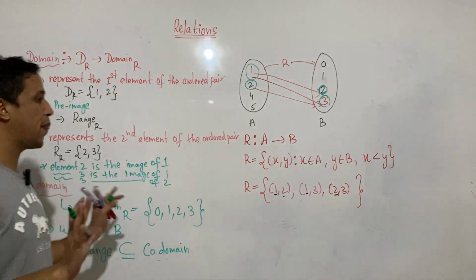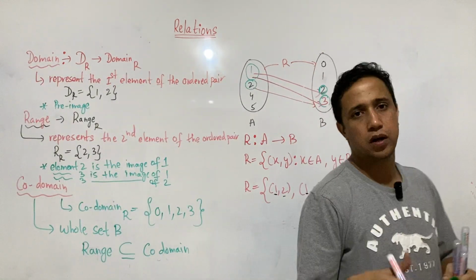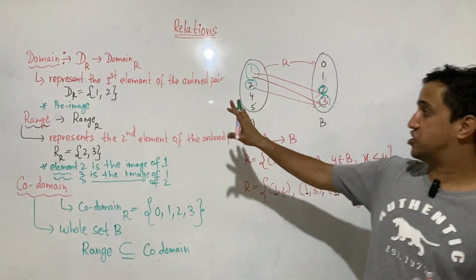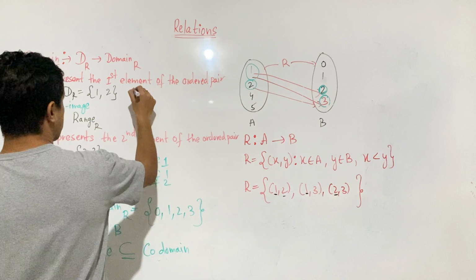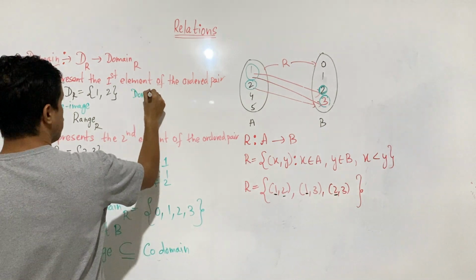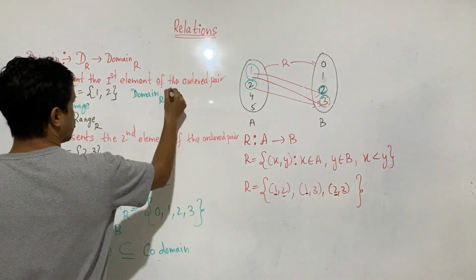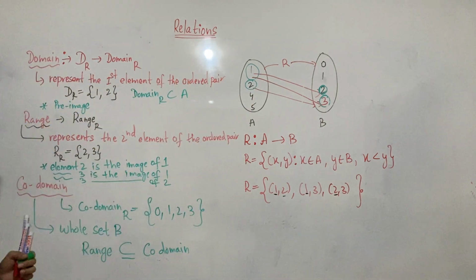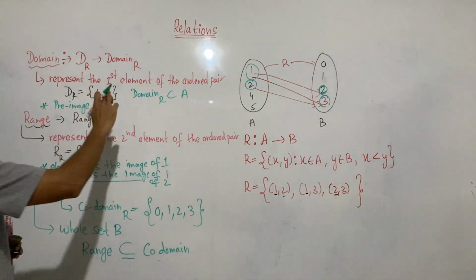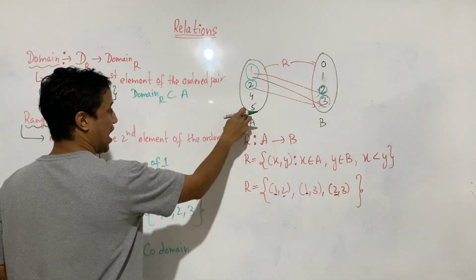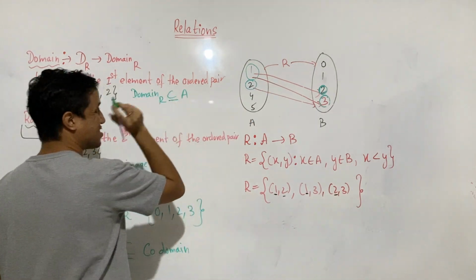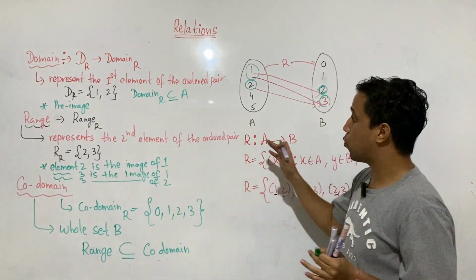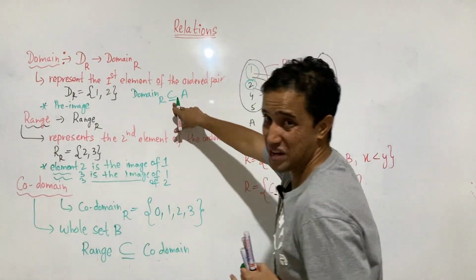So these are the basics. I hope this has given you some clarity. Here just remember your domain is always going to be a subset of your set A, or it can be the same as set A. Why am I saying same or equal?